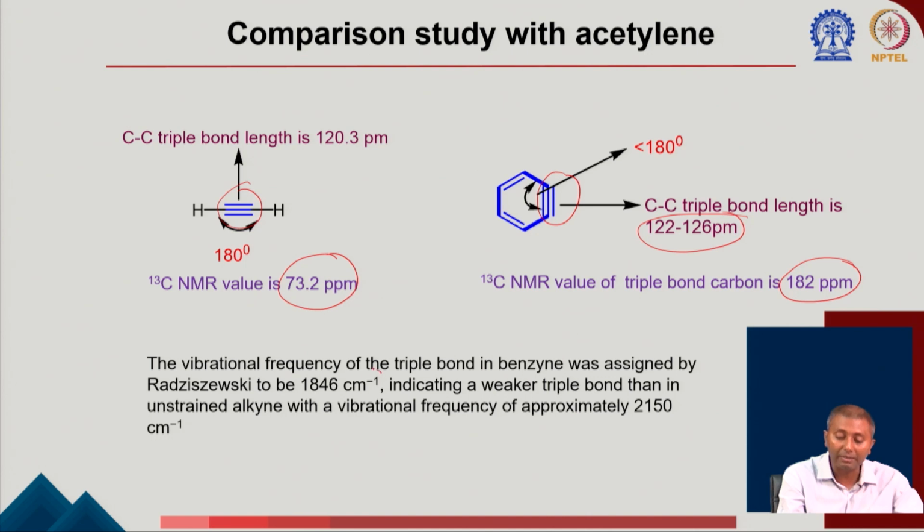As I was mentioning, in benzyne the frequency is 1846, but a normal alkyne comes around 2150. So in benzyne there is a triple-bond-like character, but it's a weaker triple bond. If it is a weaker bond, that means it is going to be much more reactive compared to an alkyne.